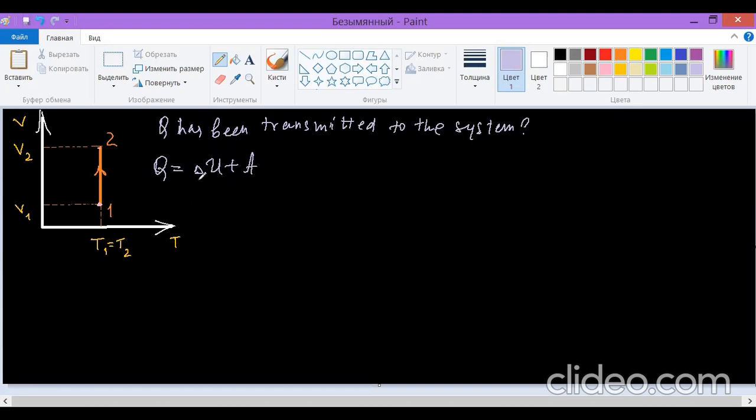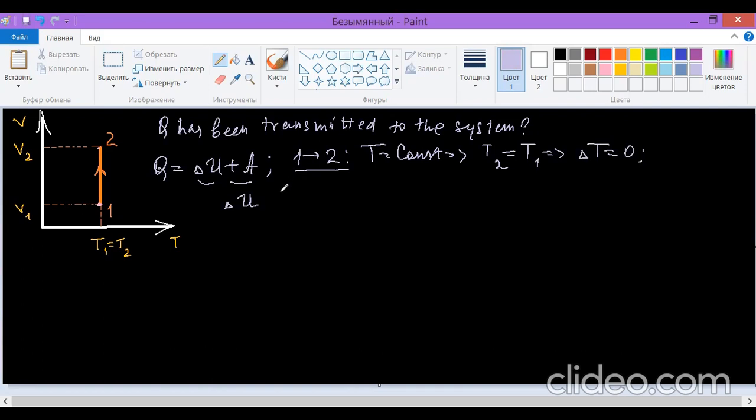Let's look at each of these parts of the equation one by one. Let's start from the change in internal energy. We see that during this process, the temperature remains constant. That means that the temperature of the ideal gas at state 2 is equal to that at the initial point T1, and for that reason delta T equals 0. But let's remember the formula defining the change in internal energy.